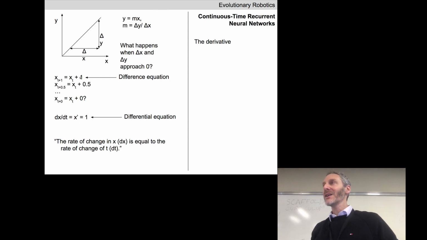So if we write down a difference equation and we say that the value of x at the next time step is the value of x at the current time step plus 1. Okay, that makes sense. So whatever this x thing is, it's going to increase by 1 every time, and we'll just call that change here y.